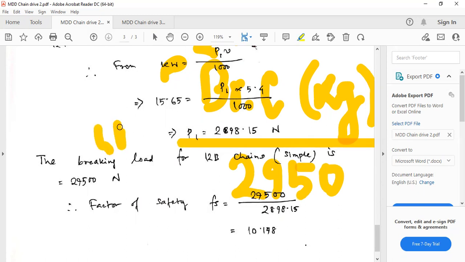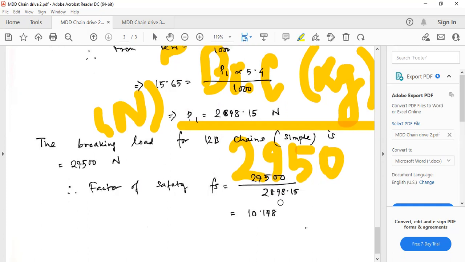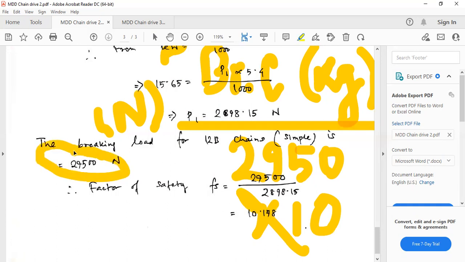If you multiply 2950 kg with 9.81 you will get the value in Newton, but to make it approximate we take 9.81 as 10 meter per second square. If you multiply with this, your breaking load becomes 29500 Newton.